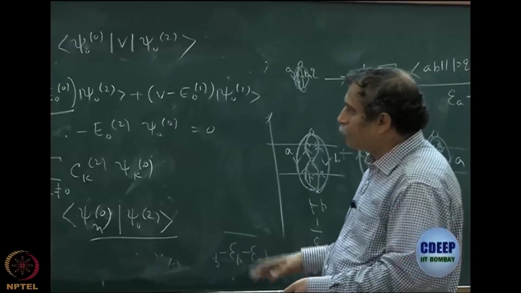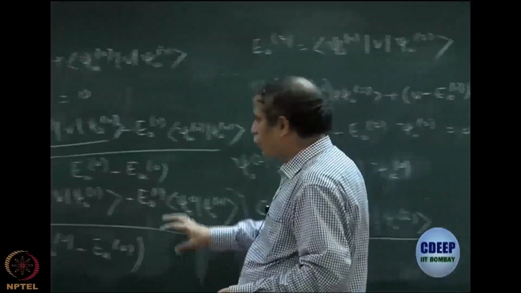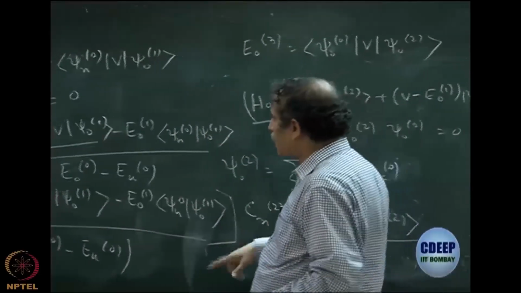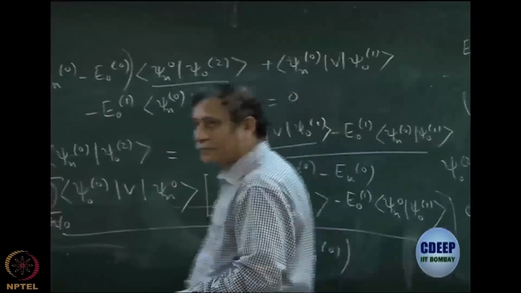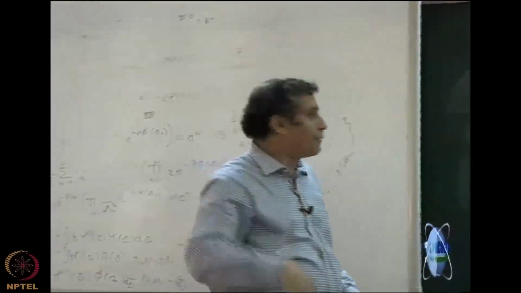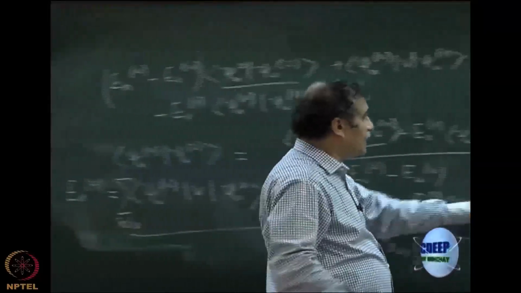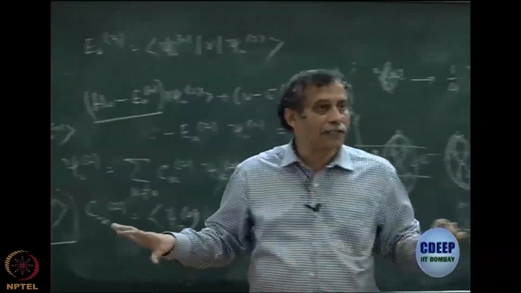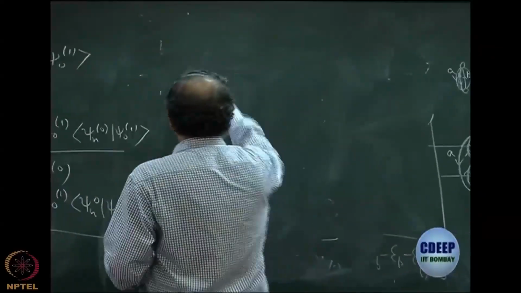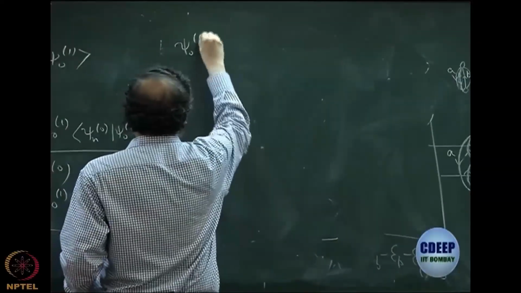And then you can see that I have two expressions. One is this, another is this. Each of the expressions have ψ01, which I now know how to expand. And I will put that ψ01 expansion in each case. And then I will complete the algebra. So let's write the ψ01. So what is ψ01? This I already know, right?